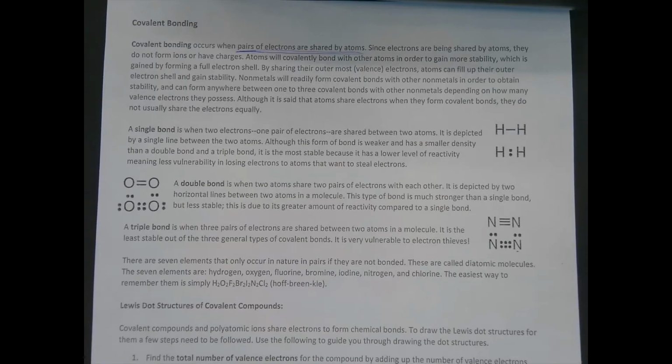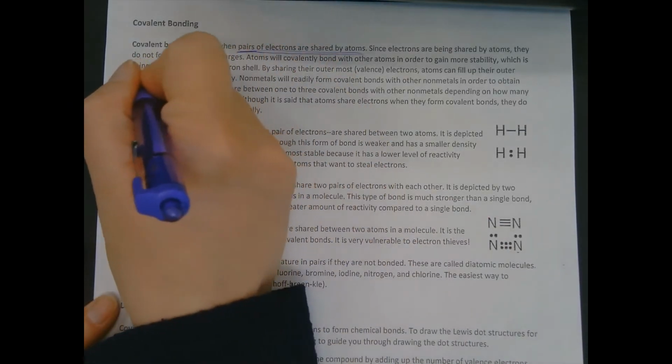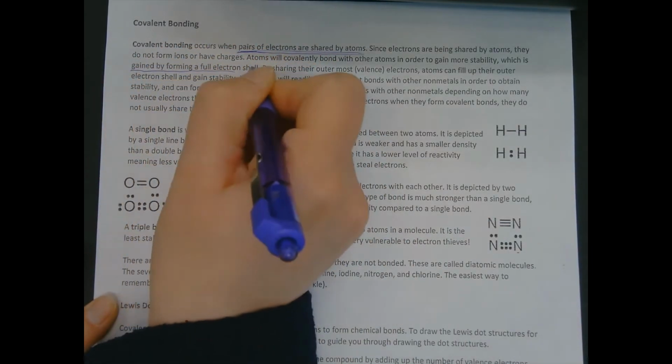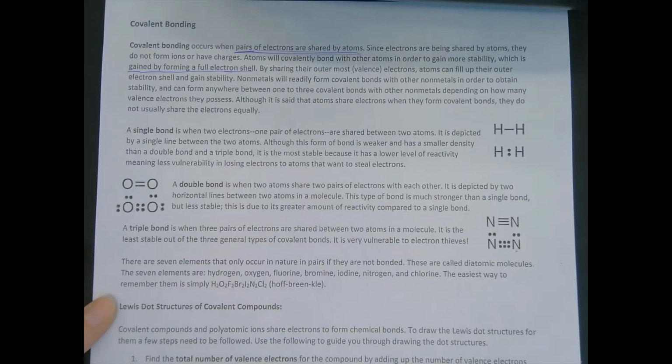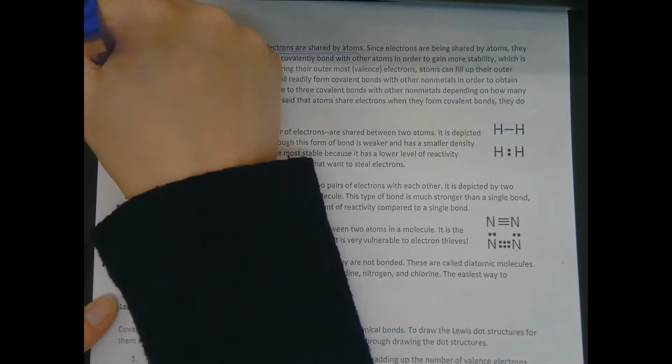Atoms will covalently bond with other atoms in order to gain more stability, which is gained by forming a full electron shell. Okay, what is this actually called? In ionic bonding, when they lost or gained electrons, they were following the Octet Rule, right? So this is the same idea here, Octet Rule.